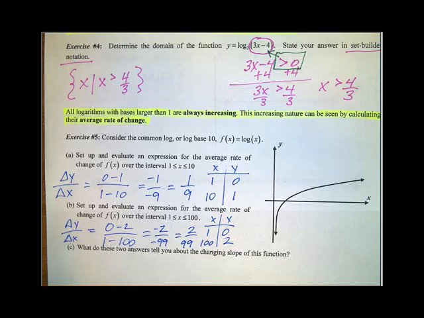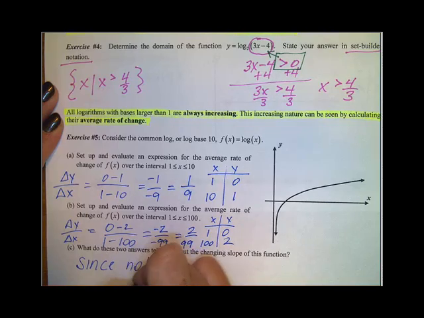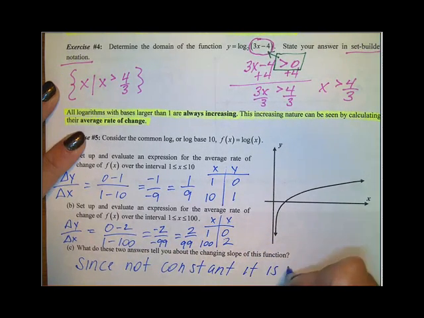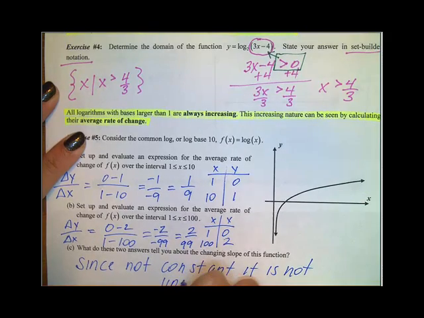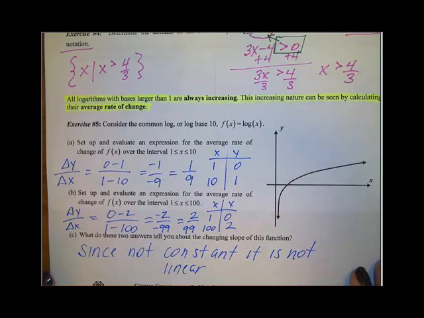That's why they're increasing. What do these two answers tell you about the changing slope of this function? Well, since they're not the same, since it's not constant, it's not linear.